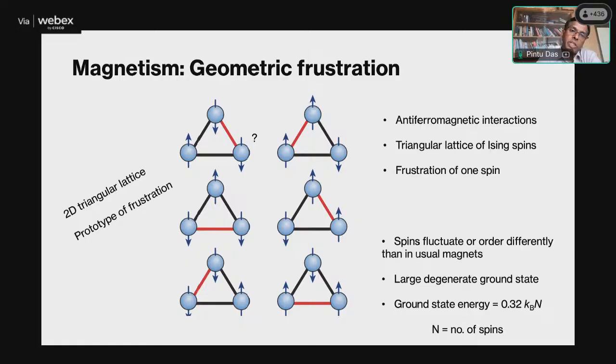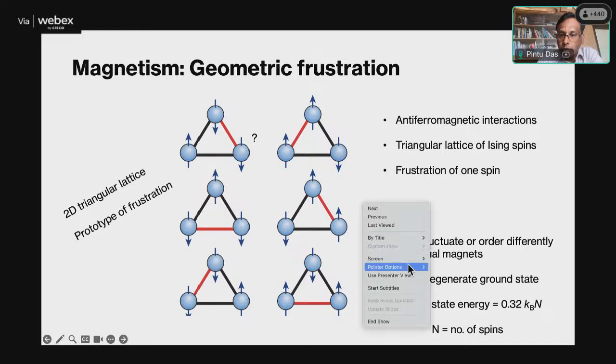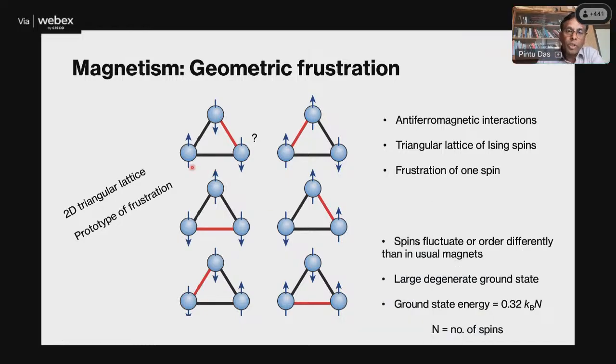If you have a two-dimensional triangular lattice, and an antiferromagnetic interaction between the magnetic moments sitting at the vertices, at the corners, then you can have one up spin and one down spin here. So this is the antiferromagnetic arrangement, which is satisfying the interaction.